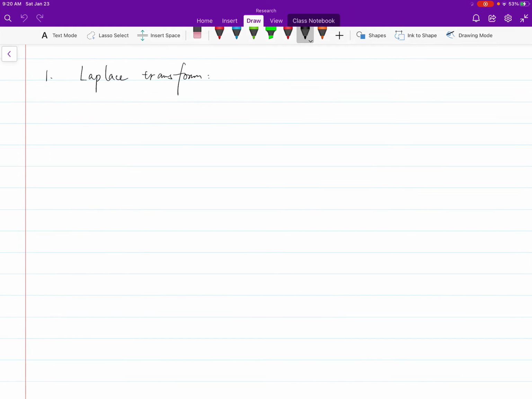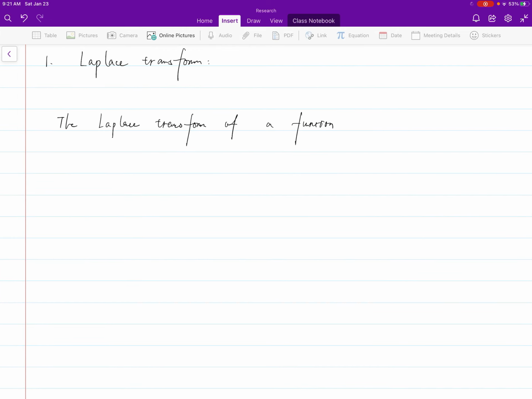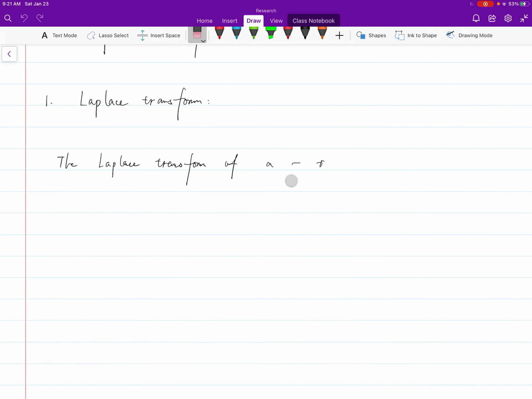The definition is given by the Laplace transform of a function f(t). So we take a function, we transform it into another function.